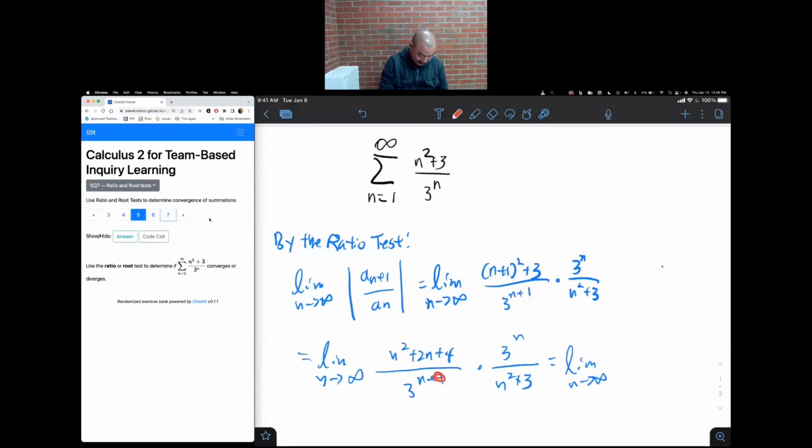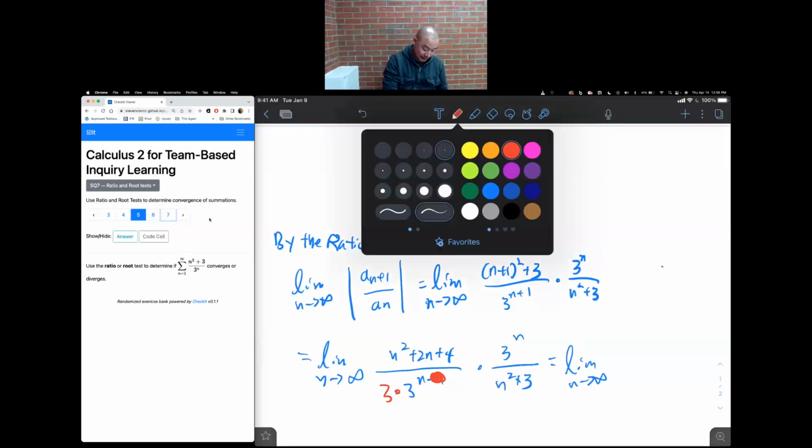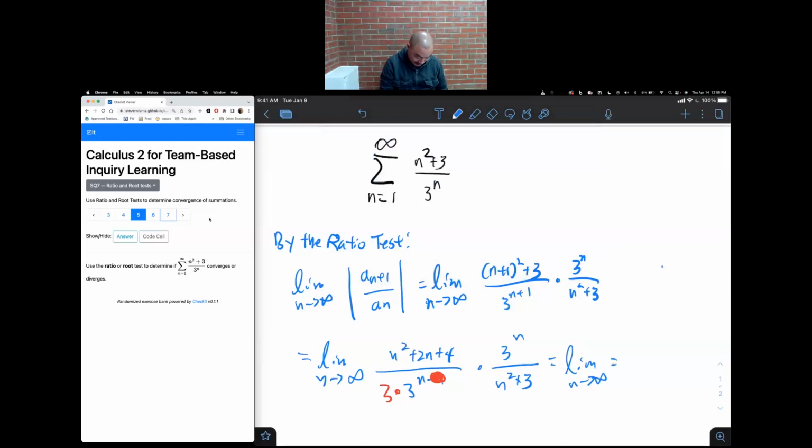So this allows us to rewrite this expression as 3 to the n times another 3 for n plus 1 3's. And so now we have 3's in the numerator and denominator, so this allows us to rewrite our expression as the remaining 1/3 times our quadratic stuff.